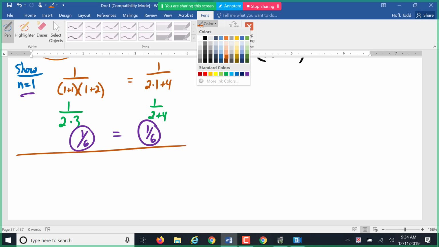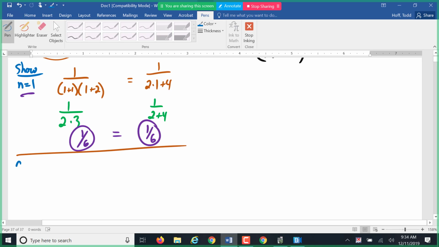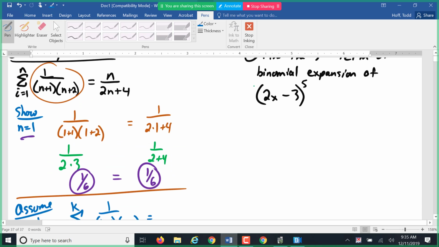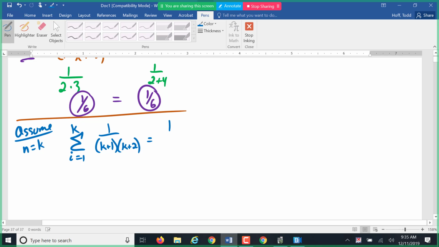Step 2 is we assume it's true for n equals k. So what we're saying there is the sum for i equals 1 to k of 1 over k plus 1, k plus 2 is equal to k over 2k plus 4.